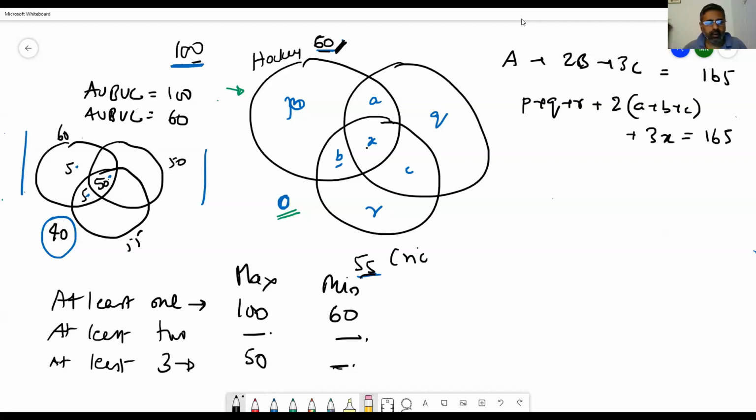Now, I'm trying to look at a figure. I'm rearranging this. I'm taking P plus Q plus R plus A plus B plus C plus X. Can you tell me what this is?